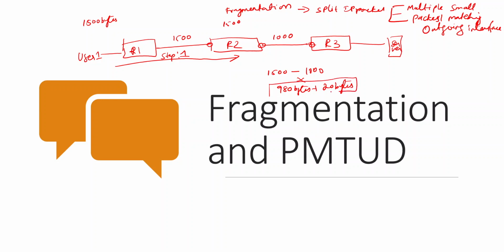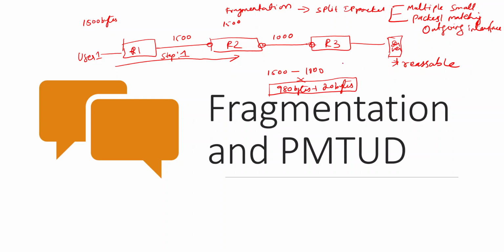So a 1000-byte packet will be sent first from R2 to R3. One more thing: only the destination will be able to reassemble the packet. Anyone in between cannot capture and reassemble it. Only the destination will be able to reassemble this fragmented packet.